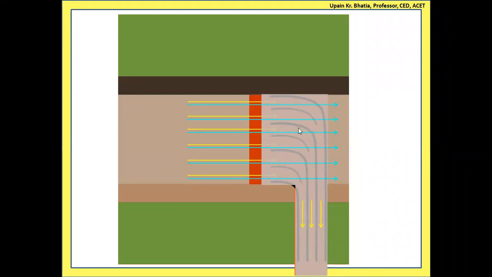These blue lines indicate that the silt laden water on the upper or intermediate layers will have no passage to go to the underside of this slab. So they will go undeviated, undiverted, untrapped, straight to the downstream side of the canal.